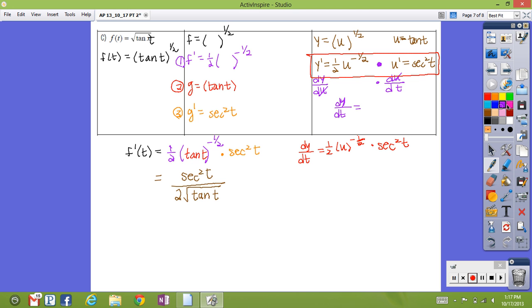But since there's a u right here, we have to change that to t's. U is the same as tangent of t. So tangent of t would go here, negative 1/2 power, and then what do we end up with? The same exact thing that we had here, so we still have the exact same answer.